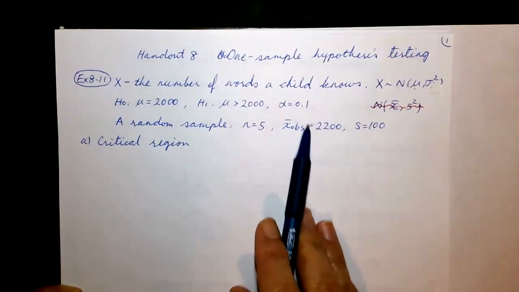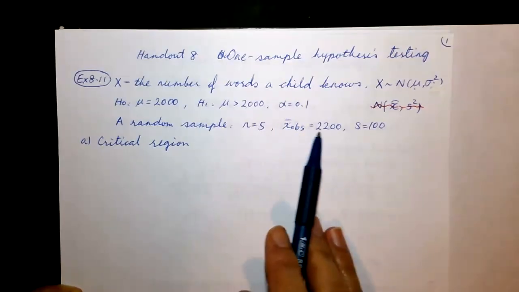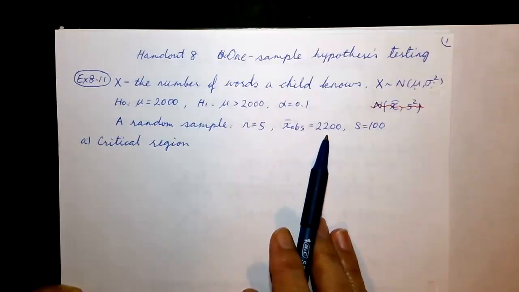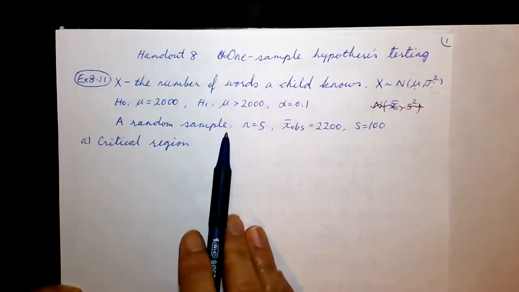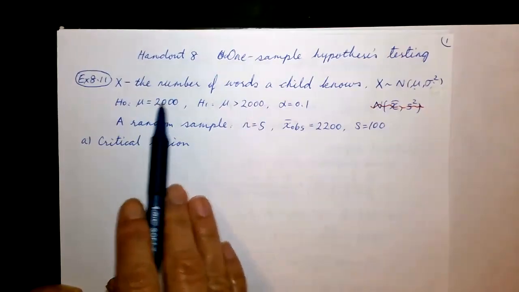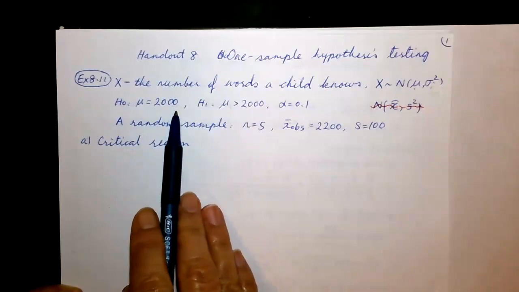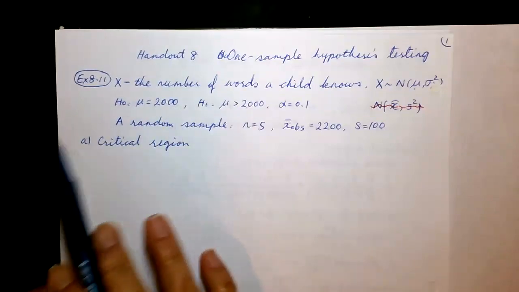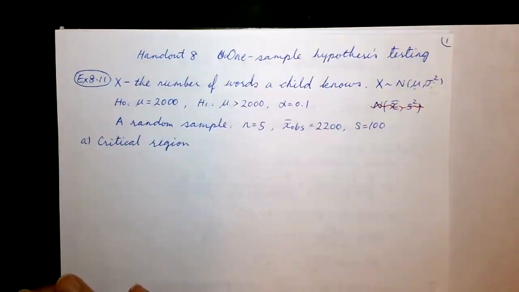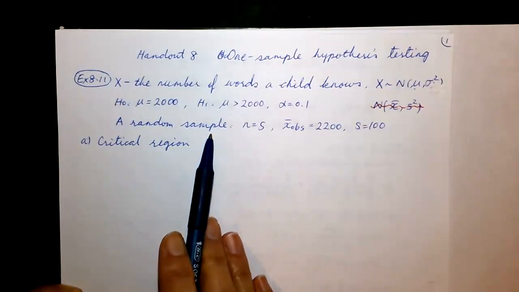Now, if their X bar observed is 5,000, you would think that all the children in the world should know more than 2,000 because you trust the sample. You don't trust either of these, right? They are just hypotheses. They are guesses, right? You have no basis in believing any claims, but you believe the random sample.